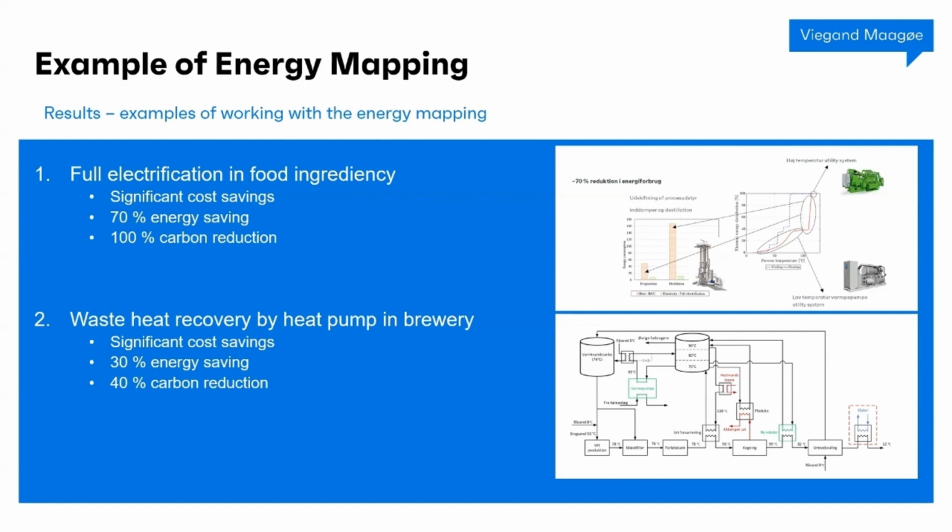They have a very widespread recovery system already, but there was potential for improving the existing heat recovery system significantly. So we could reduce the energy consumption by 30% by applying some more process integration, also based on the energy mapping. So, to go to the next slide.